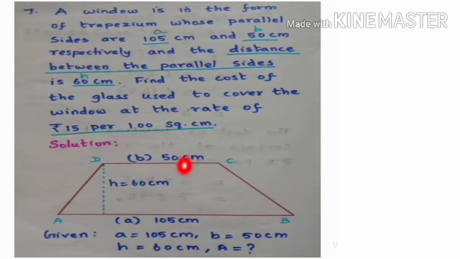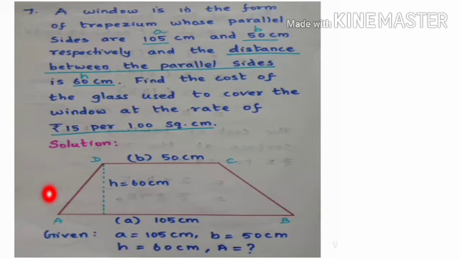First, in this problem, draw a trapezium ABCD and mark the given values in the trapezium figure. That is, a is equal to 105 centimeter and b is equal to 50 centimeter, and the height between the parallel sides is h is equal to 60 centimeter. And write down the given values. Given: a is equal to 105 centimeter, b is equal to 50 centimeter, h is equal to 60 centimeter.